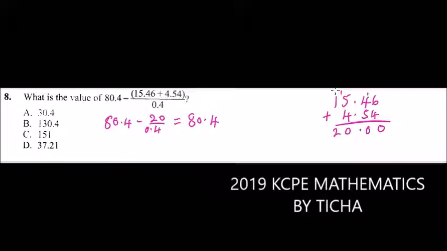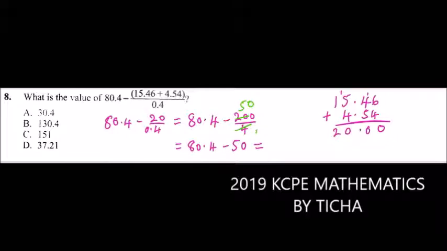So you get 80.4 minus, to multiply by 10 the numerator and the denominator, so it is 200 divided by 4. So this will give you 80.4 minus, you divide 200 by 4, this will give you 50. So here we have 50.